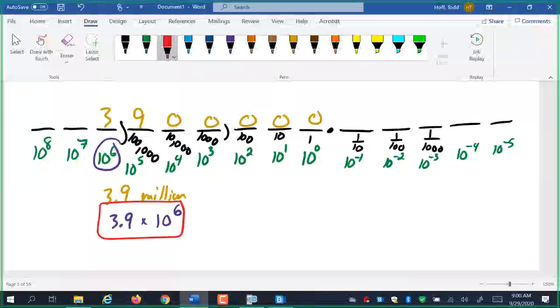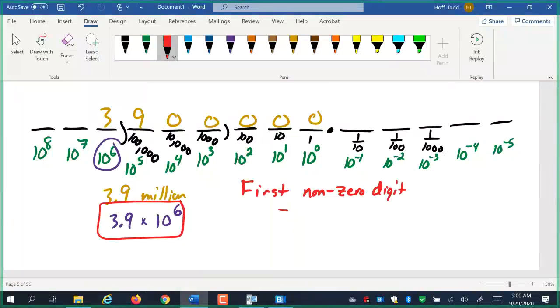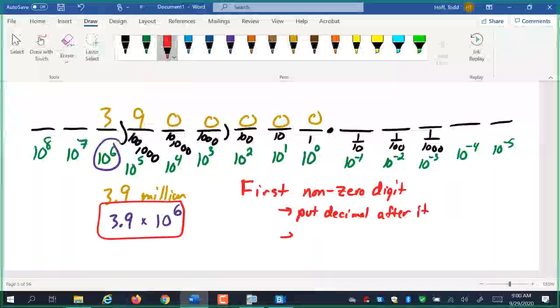What scientific notation does is it identifies the first non-zero digit of the number. Then we put the decimal after it. And we name its place value.